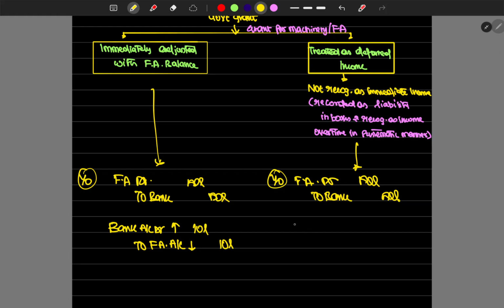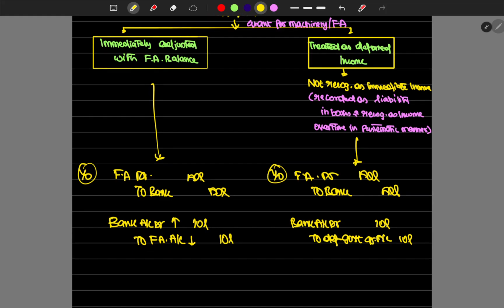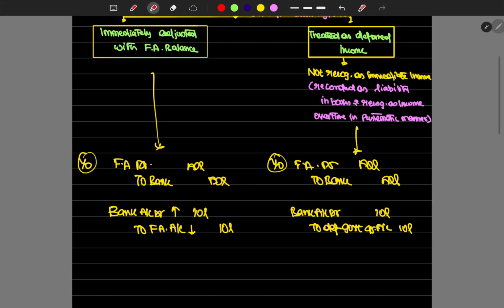We treat it as bank account debit to deferred government grant account, which is 10 lakhs. So here we are treating it as deferred government grant account. We are not reducing the value of the asset here.